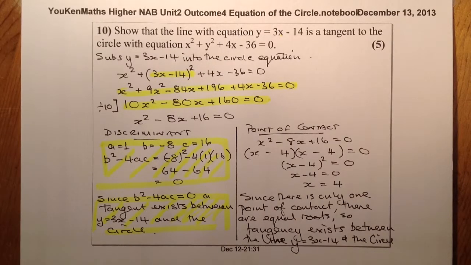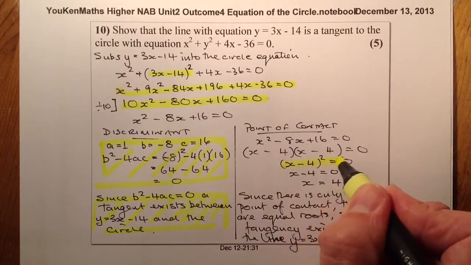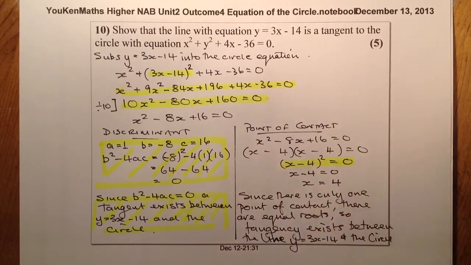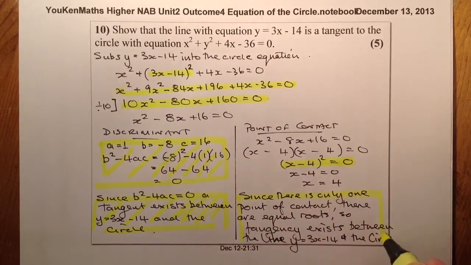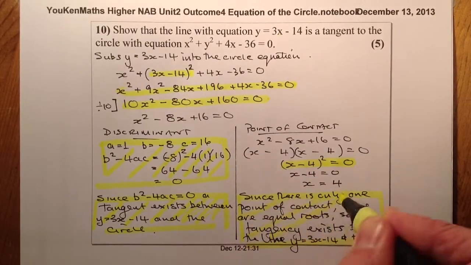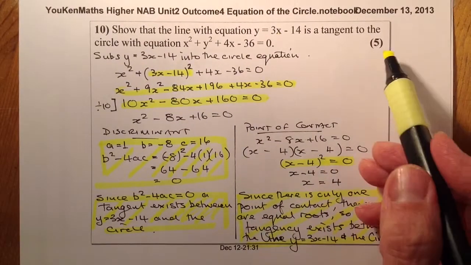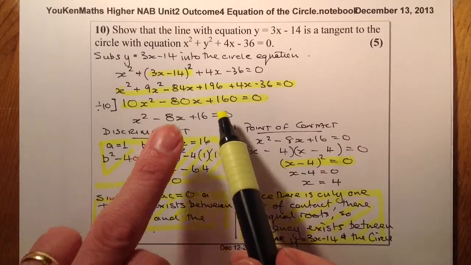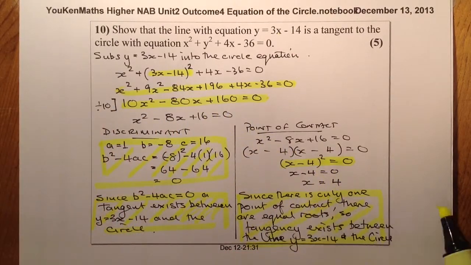I'll get 1 mark for going to this level and working out that there is only 1 point of contact, and then a clear statement on what I found out. So there's the marks. This is out of 5 marks: 3 marks up here, and then depending on which way you go, 2 marks either side, which will give us a total of 5 marks.